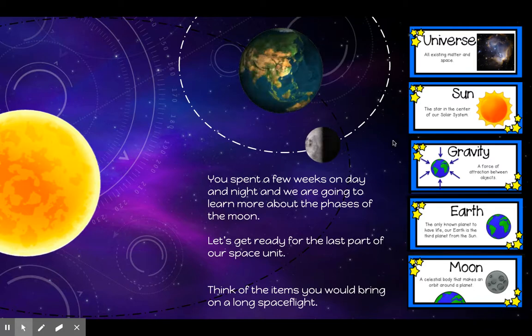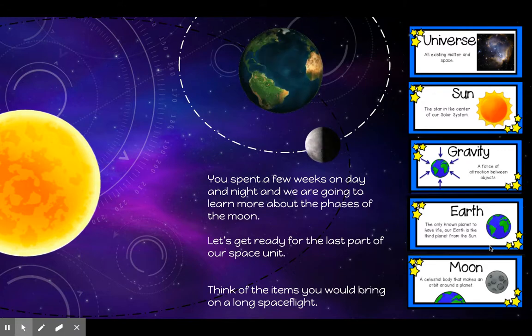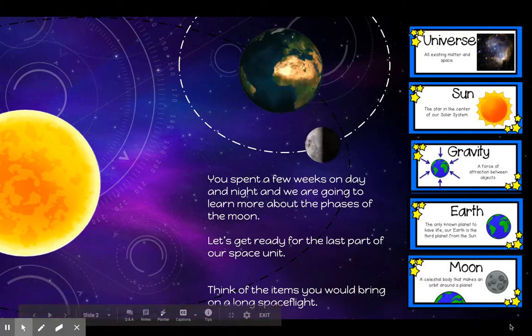Gravity, a force of attraction between objects. Earth, the only known planet to have life. Our Earth is the 3rd planet from the sun. And the moon, it's a body that makes an orbit around a planet. And we know the moon orbits around the Earth.